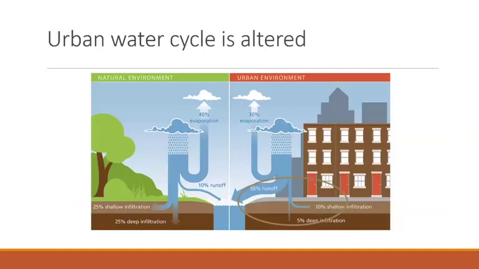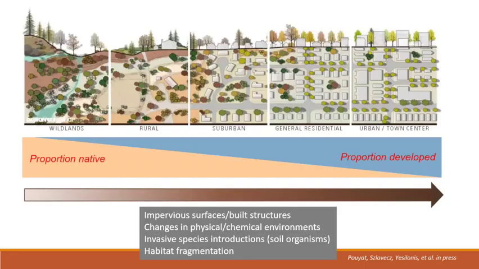Okay, so we start, the obvious thing is how the urban water cycle, the hydrological cycle, is altered. And the main difference is down there, the tremendous amount of runoff, which is associated obviously with the large percentage of impervious surfaces. So this cartoon, I think, is very simplified because there's not a single tree in this diagram, but the urban landscape is actually a lot more complex than this one.